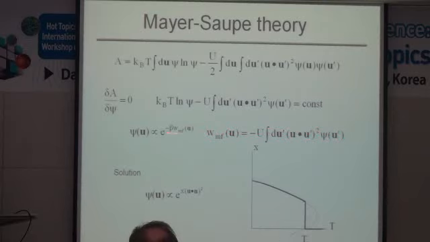So this expression can be solved exactly, and the solution involves this parameter u, or the temperature T. As we change the temperature, above a certain temperature, the solution has only one solution: the order x is 0, the isotropic state.